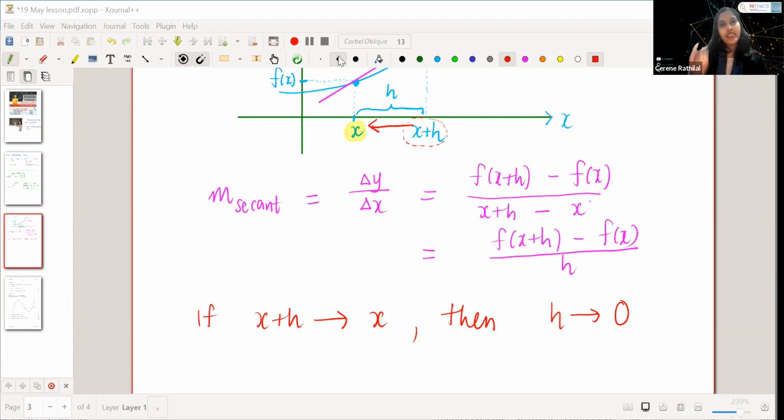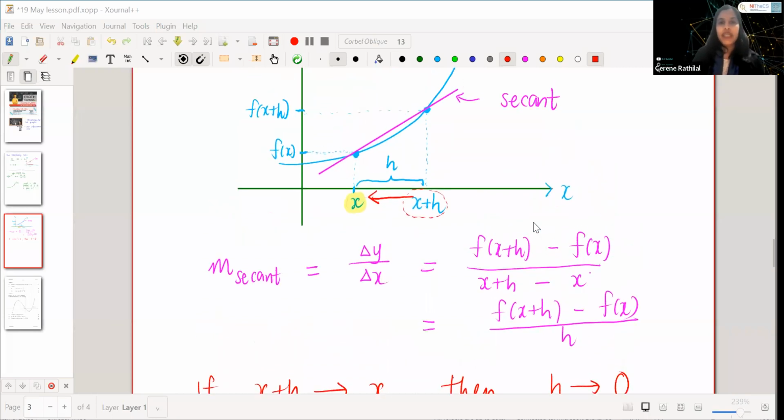And so we summarize that mathematically by stating that h is tending towards a value of 0. The distance h is becoming as close as possible to 0. That's what I'm trying to instill in your understanding. So now let's pretend that this is happening, that the distance between the 2 points is becoming smaller and smaller, tending towards 0.